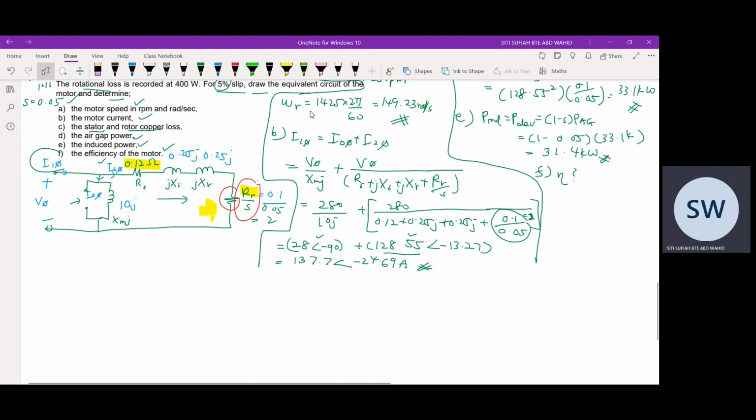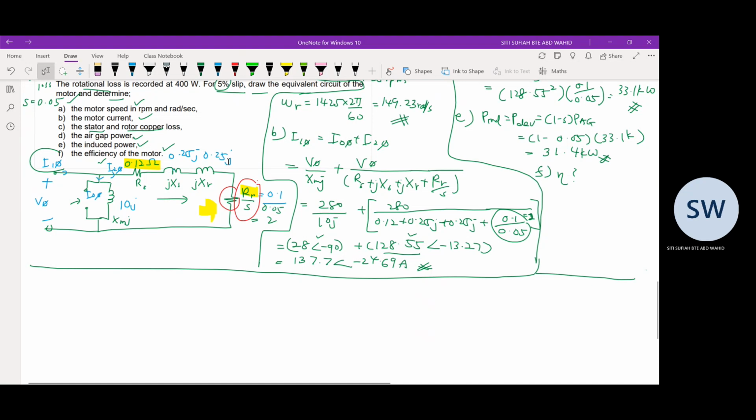It's more convenient if you sketch your power flow diagram first, because the formula for P in and P out is not in this diagram.